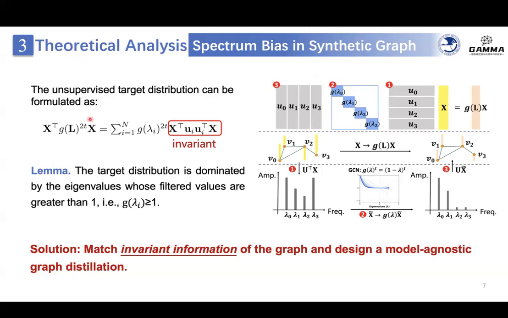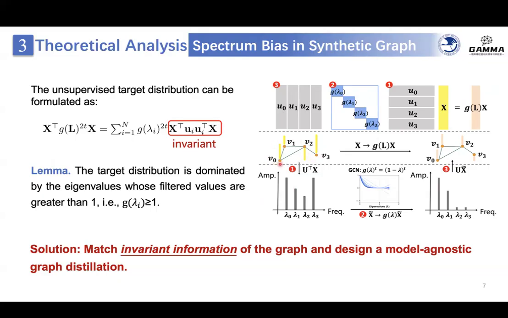So the unsupervised target distribution can be formulated as this equation. And the unified formulation of GNN can also be interpreted from the perspective of the spectral domain.